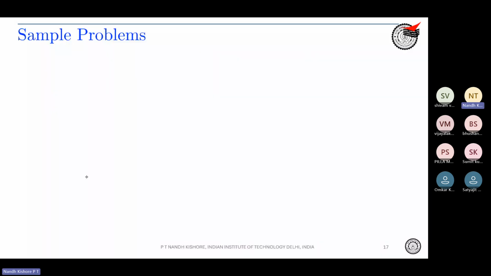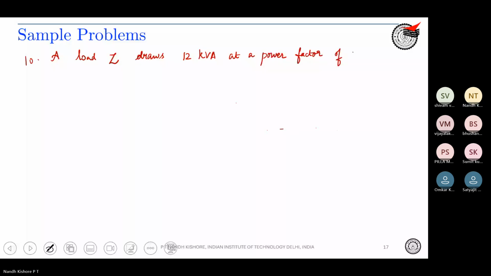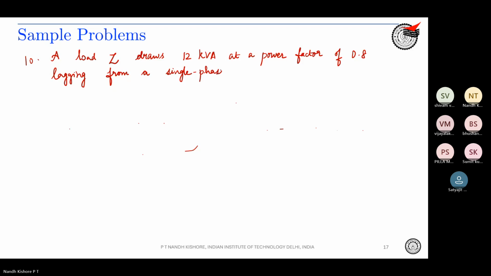So the next question is question number 10. A load Z draws 12 kVA at a power factor of 0.8 lagging from a single phase 120 volts RMS, 60 hertz AC sinusoidal source.